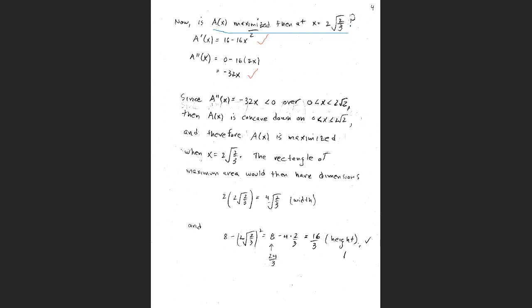Why would I do this? Because our second derivative is going to be negative over the interval from 0 to 2 root 2, which means that our function A of x is concave down on the interval from 0 to 2 root 2.